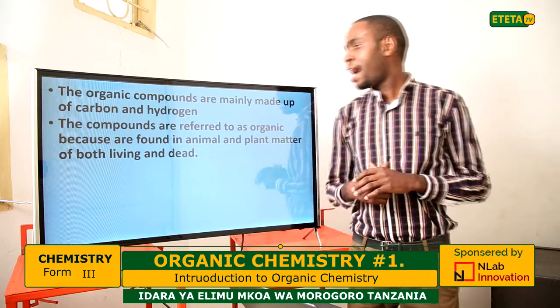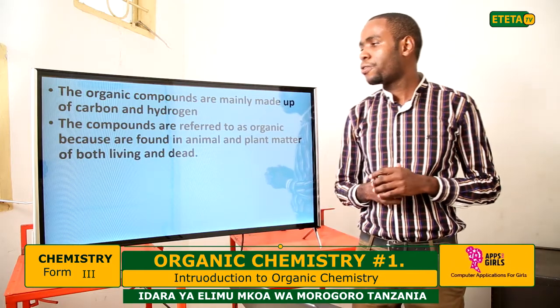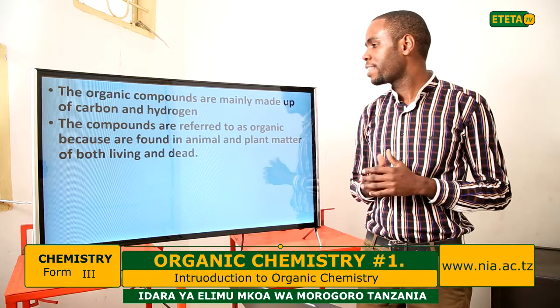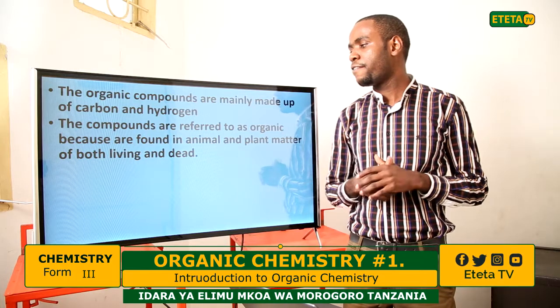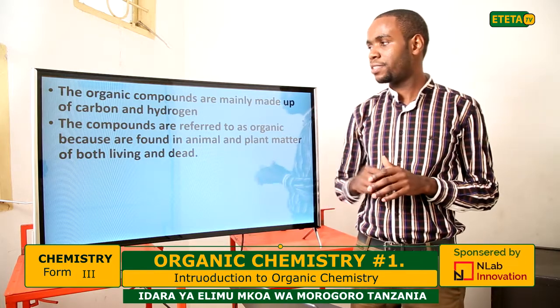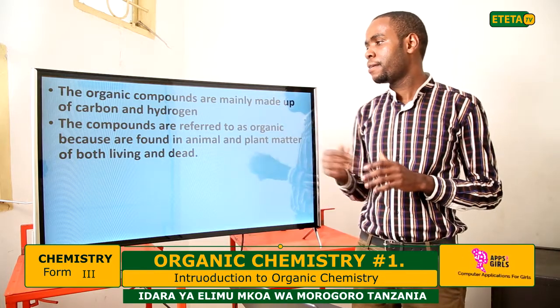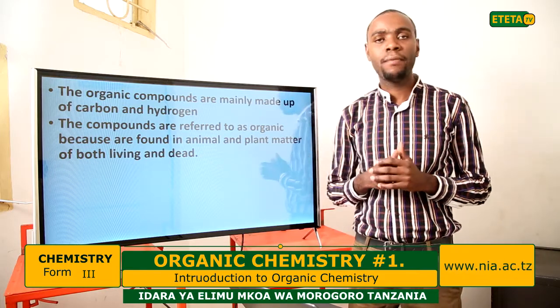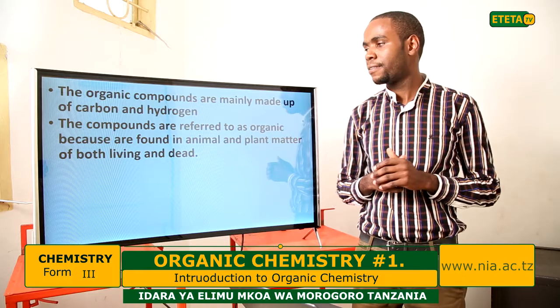Now, the compounds are referred to as organic because they are found in animal and plant matter of both living and dead. So these compounds are referred to as organic because the origin of this compound is from animals and plants.